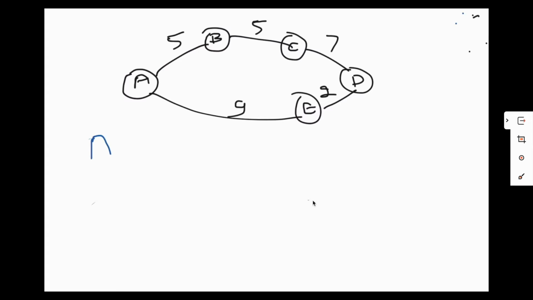For example, if I want to find a path from A to D, let me write it somewhere else. A to D. There are a few ways to go there.